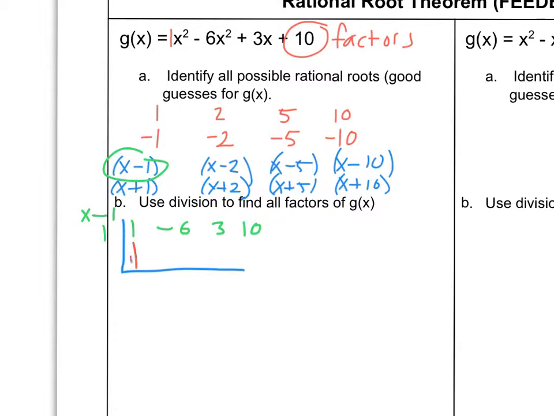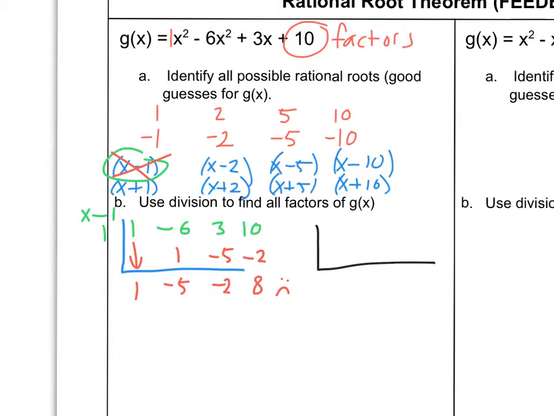I'm going to bring down my 1, and when I do that, we multiply to get 1, we add to get negative 5. We multiply to get negative 5, we add to get negative 2, we multiply to get negative 2, and we add to get 8. 1 does not work. I did not get 0 at the end. That means that that is not possibly a factor for us.